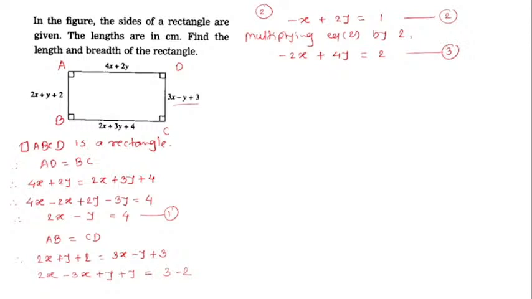In equations 1 and 3, the coefficient of x is the same, but the signs are different. So we should add these two. So, adding equation 1 and 3. Now the first equation 2x minus y is equal to 4, plus the third equation, minus 2x plus 4y is equal to 2.